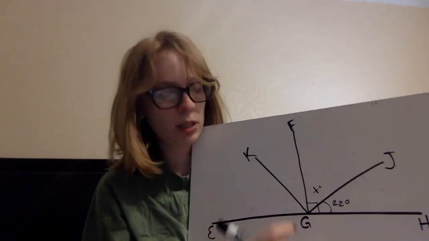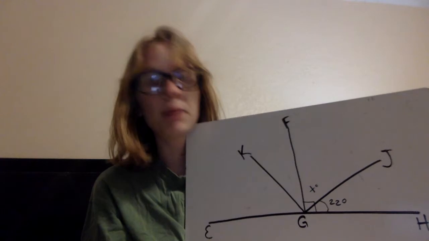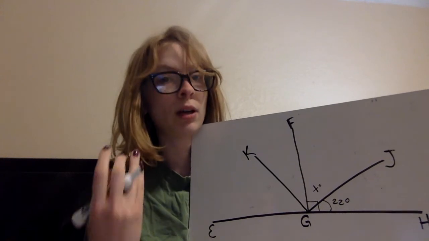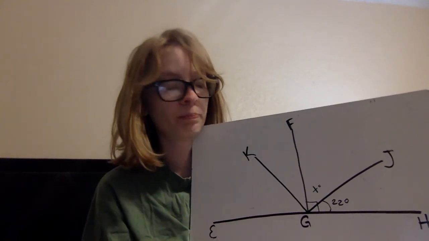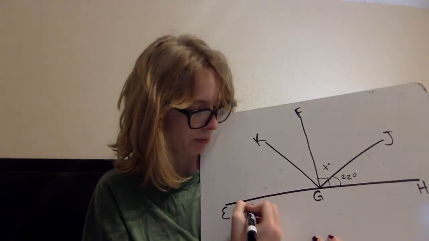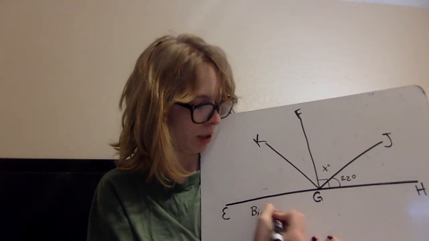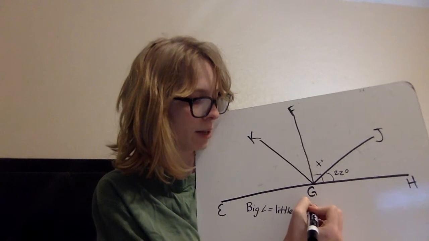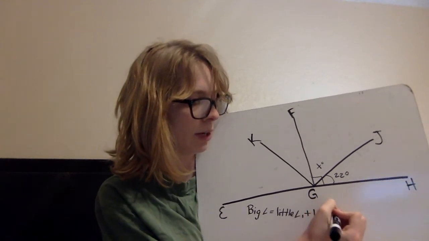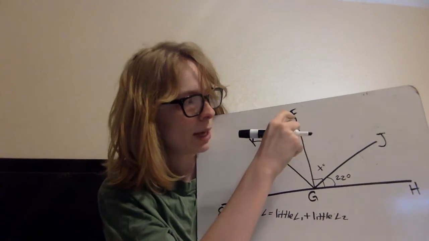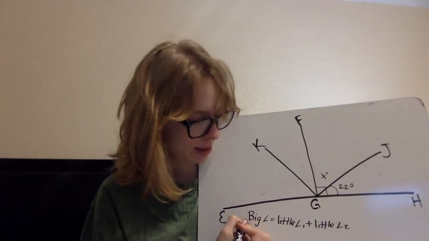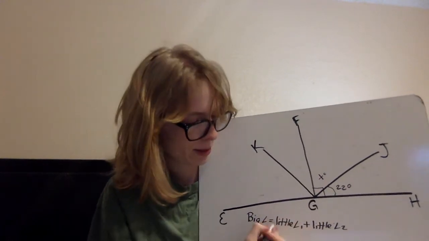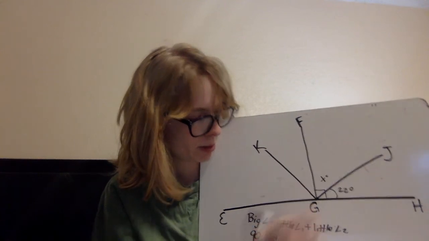So what's important to note is we've got our little square here again. So that means that this part, FGH, is equal to a 90-degree angle, a right angle, because of our square. So remember, it's big angle equals little angle 1 plus little angle 2. So my big angle, FGH, is equal to 90 degrees. My big angle, total angle, is equal to X plus 22.